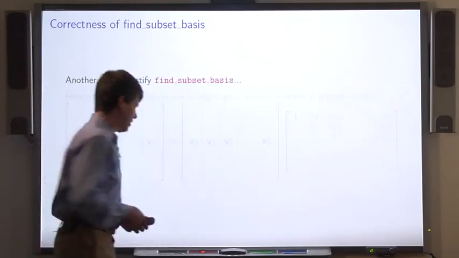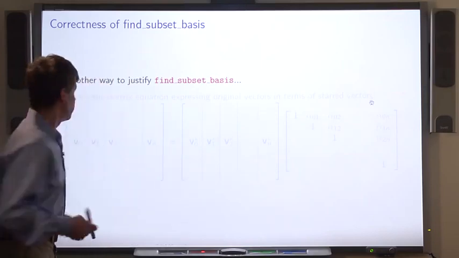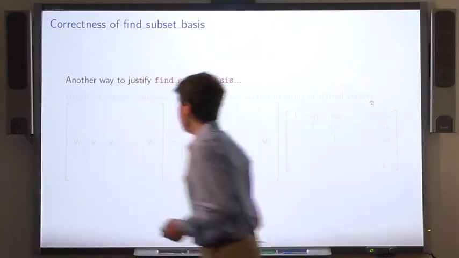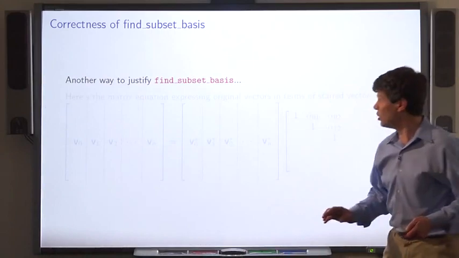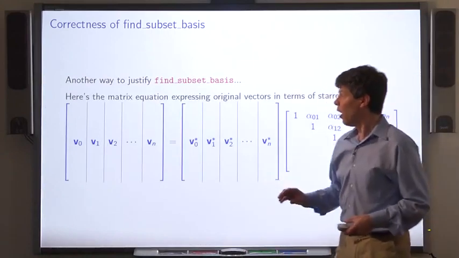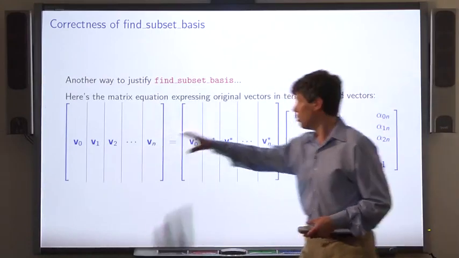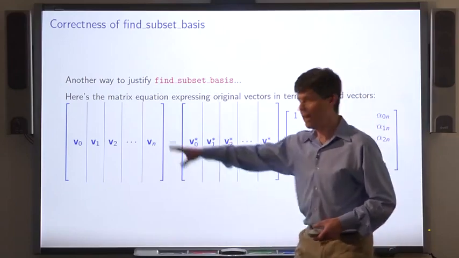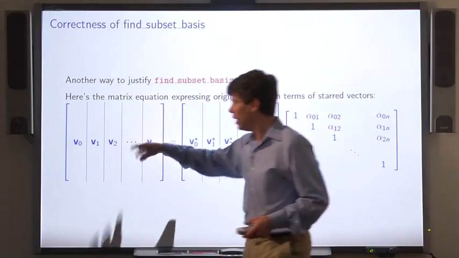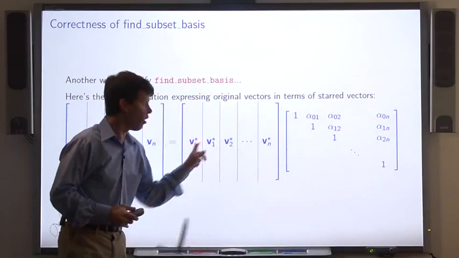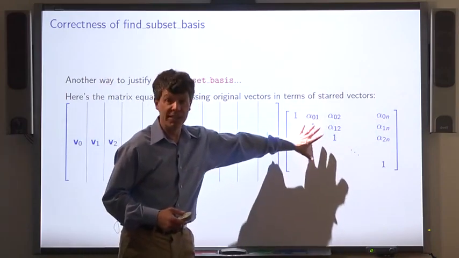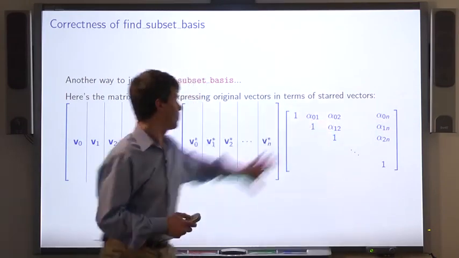Here's another way to see that our procedure is correct. Recall that we had a matrix equation relating the original vectors to the starred vectors. The matrix whose columns are the original vectors equals the matrix whose columns are the starred vectors times this invertible triangular matrix.